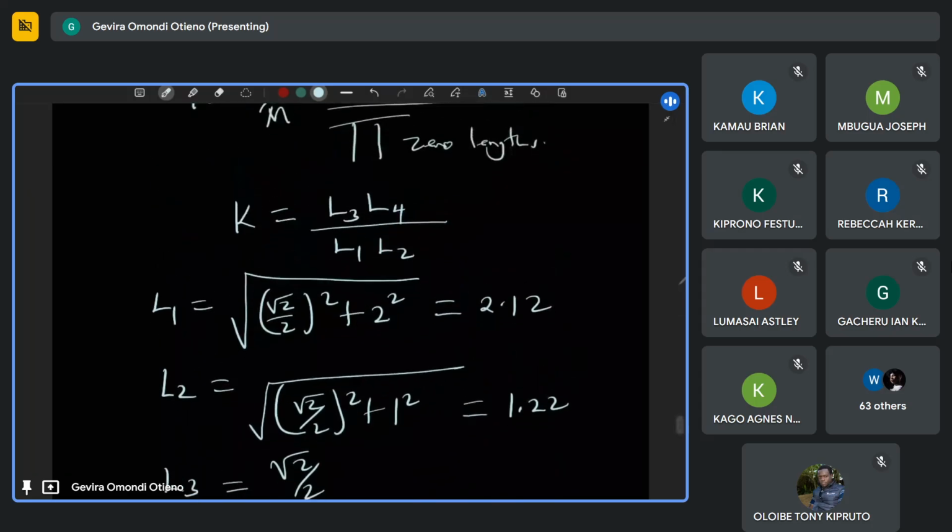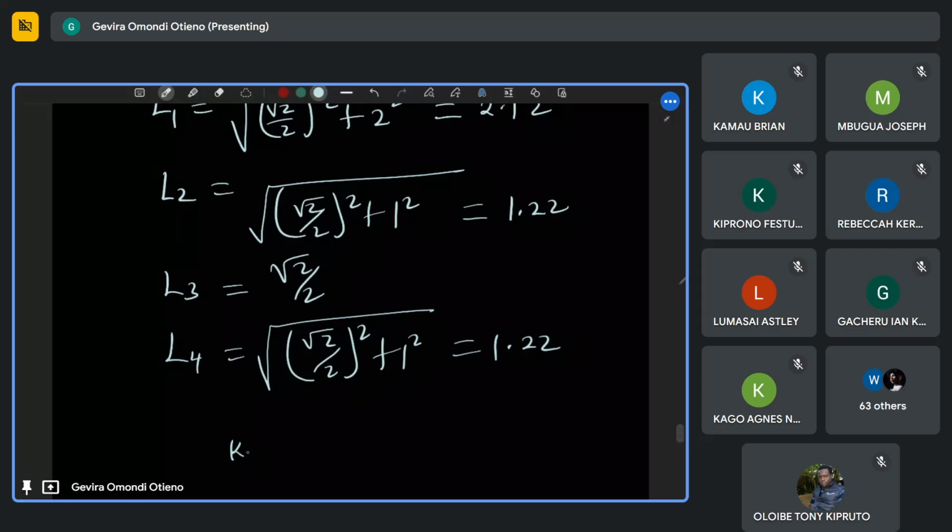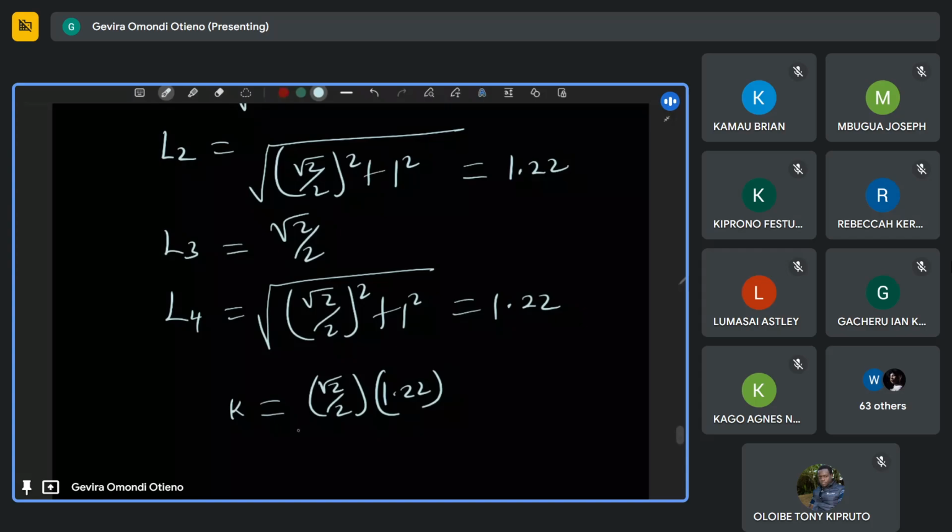So applying K, K would be equal to root 2 over 2 multiplied by 1.22. That is L3, L4 over L1, L2. So L1, L2 would be 2.12 multiplied by 1.22. And if you calculate that, you should find 0.33.